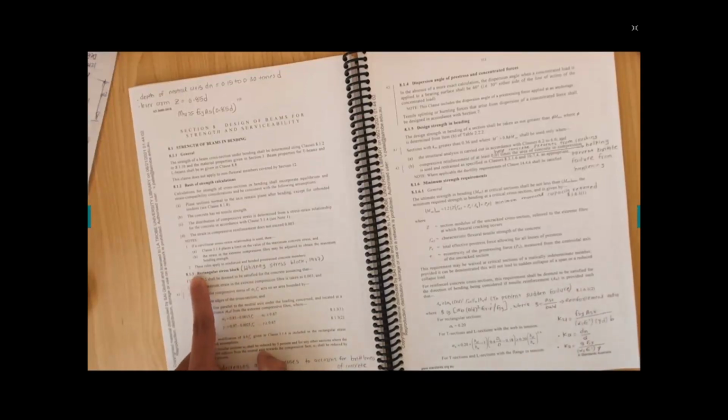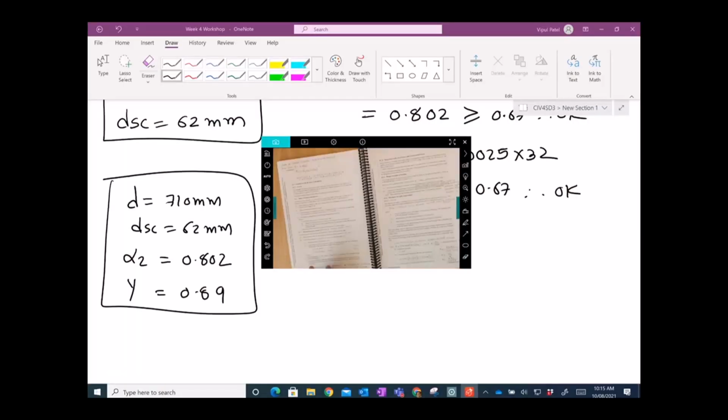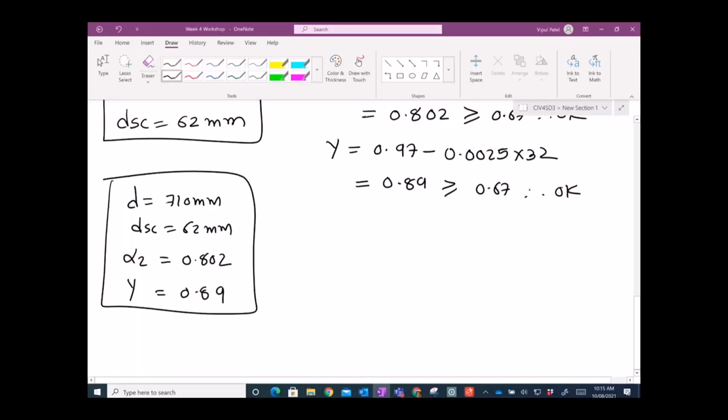In clause 8.1.3, 0.85 take away 0.0015 f'c, and gamma value 0.97 take away 0.0025 f'c. Make sure it's greater than 0.67. If it is less than that, you take it as 0.67. All right, so that's the recipe that, as I mentioned, is required for that case.